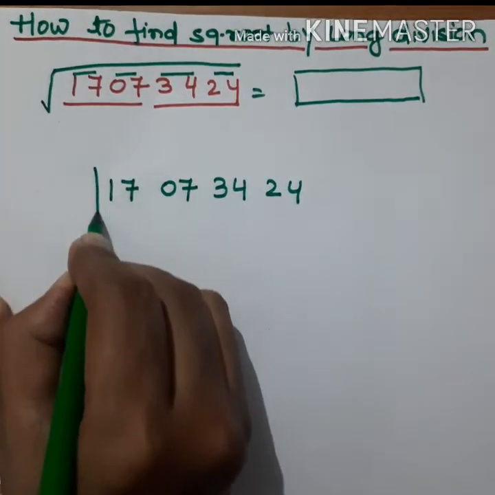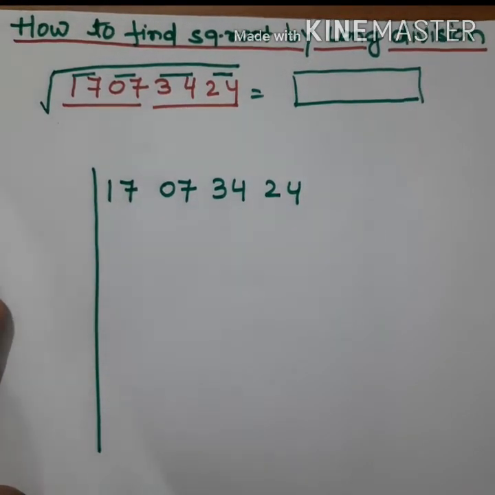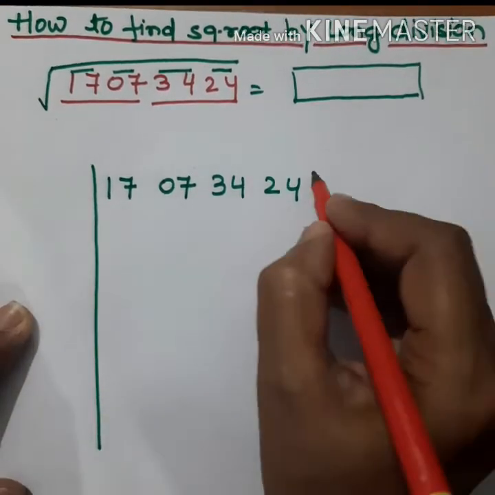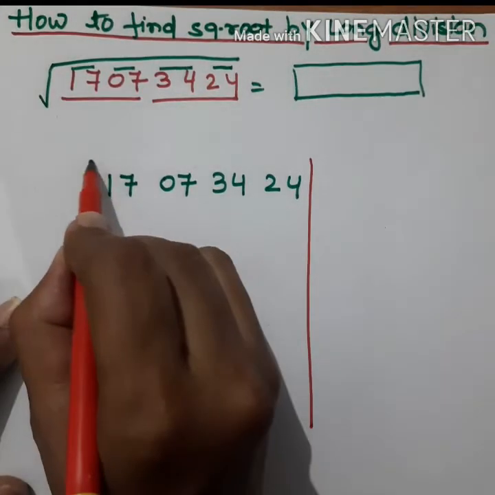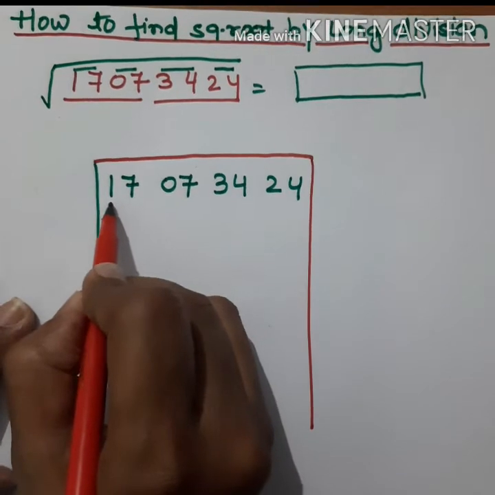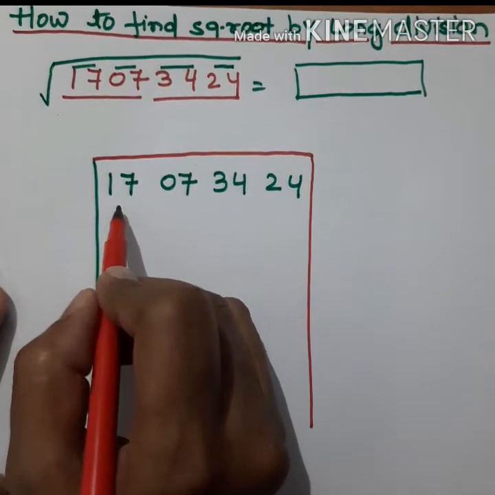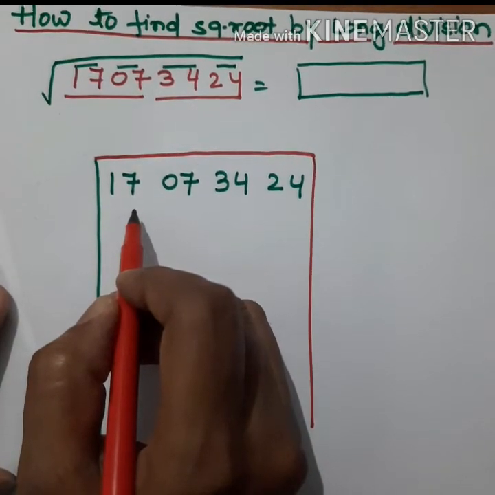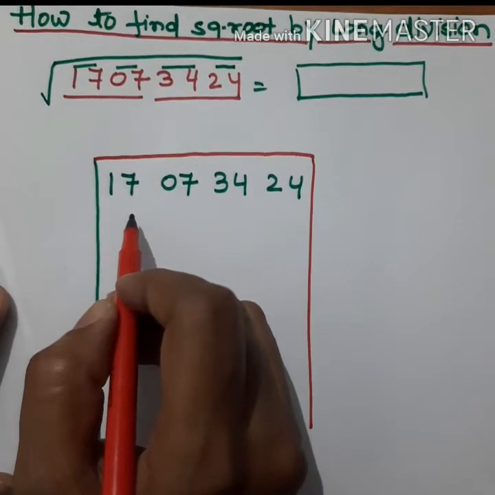Now we start the process of dividing. Unlike our old division, we don't have a divisor here. We have to invent our own divisor. Now how will you find out the divisor? See this. First period, that is 17. Now you have to start the tables, square tables. 1 1s are 1, 2 2s are 4, 3 3s are 9, 4 4s are 16, 5 5s are 25.